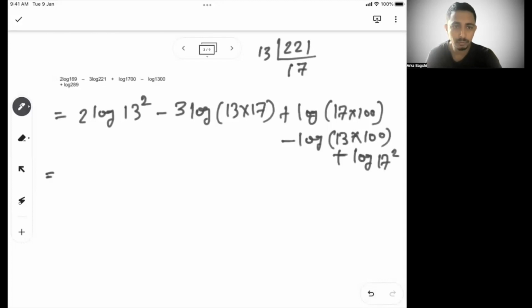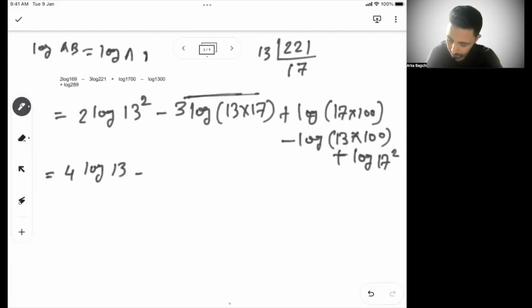So 2 log of 13 squared, the 2 will come in front. So this is 4 log 13, because the 2 will come in front and get multiplied with the 2 that's already there. Minus, for this, we know log of AB is the same as log A plus log B, again referring to the basic formula. So this will become minus 3 log 13 minus 3 log 17.